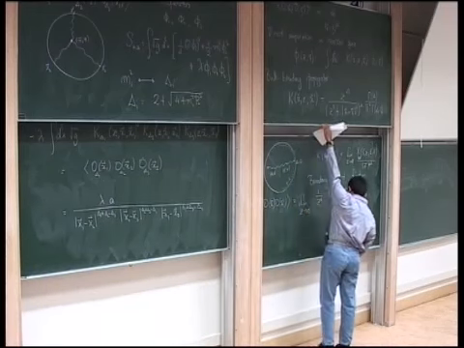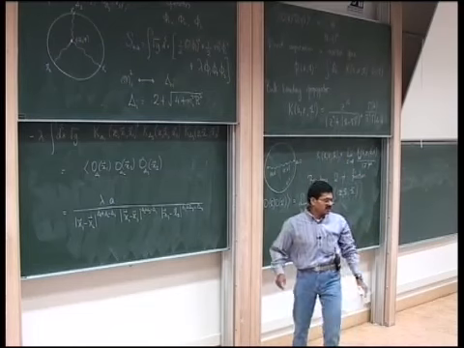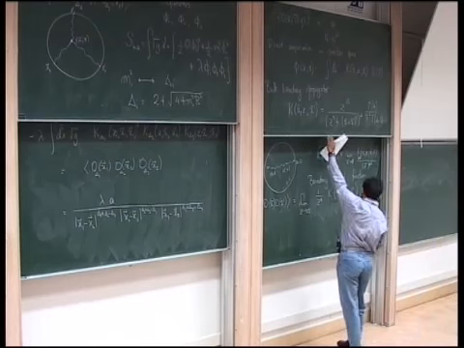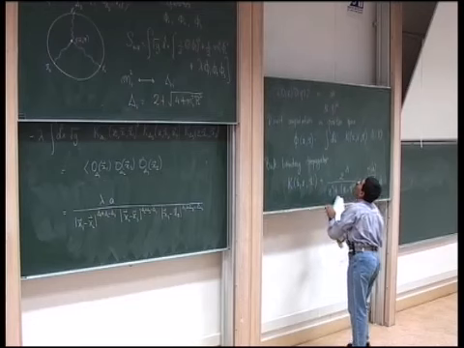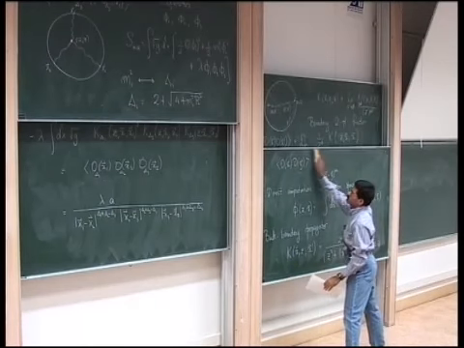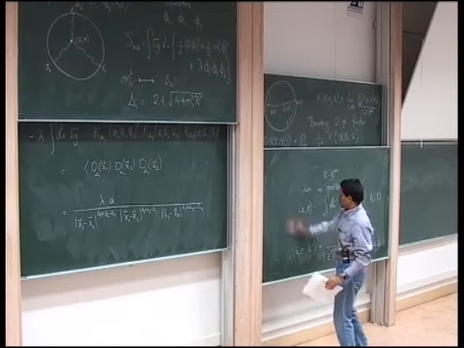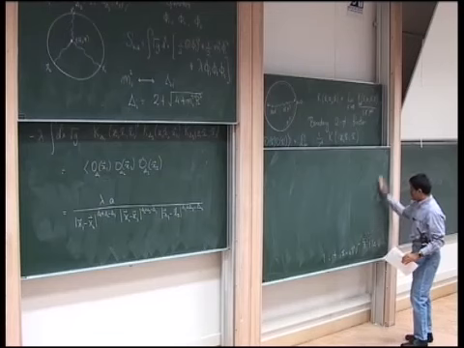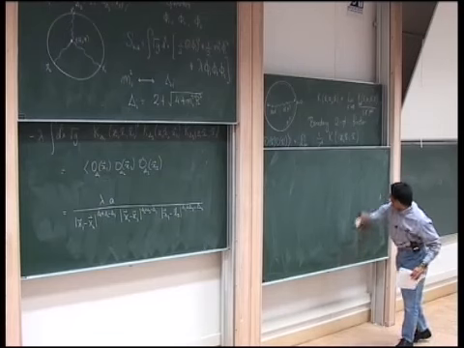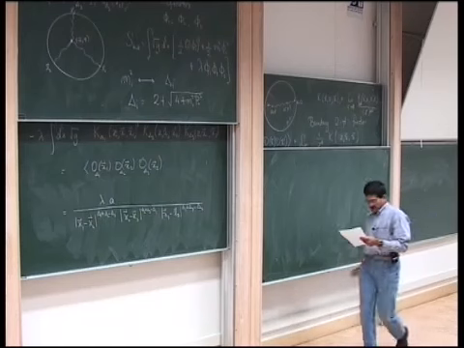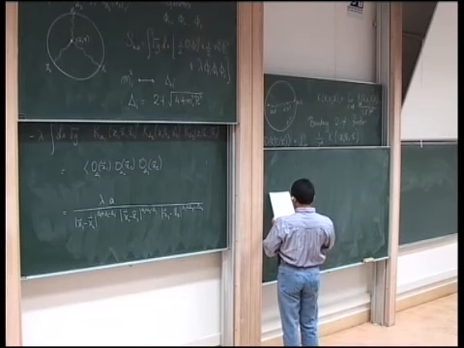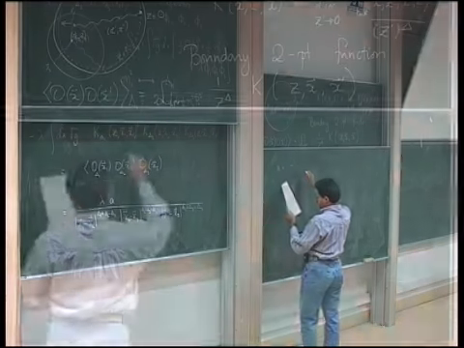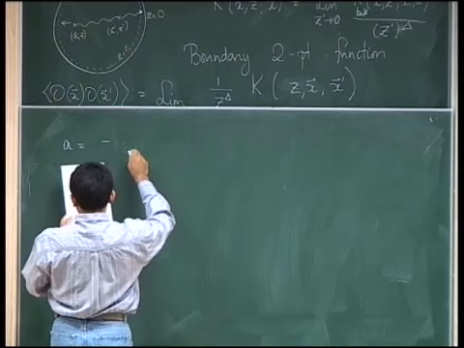I will write down what A is and then answer the question about what this coefficient lambda is, because there is some very interesting physics hidden in lambda. This coefficient A happens to be some ratio of gamma functions.